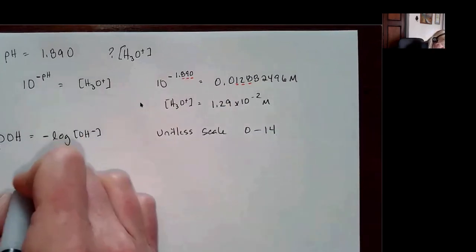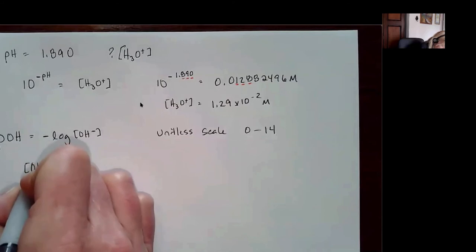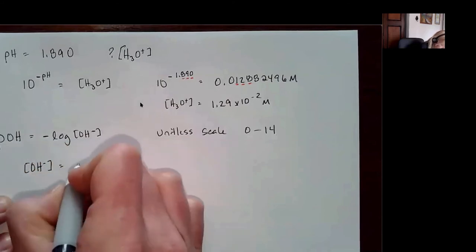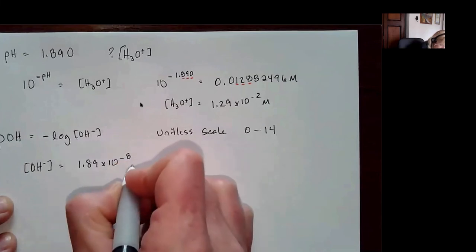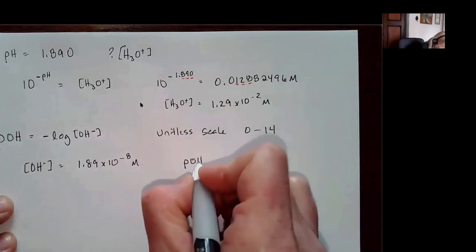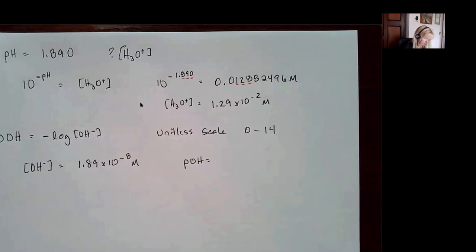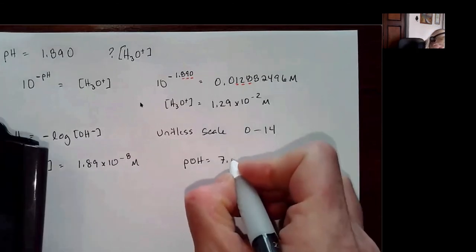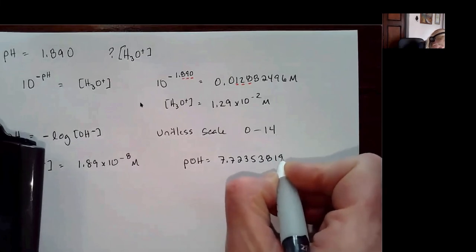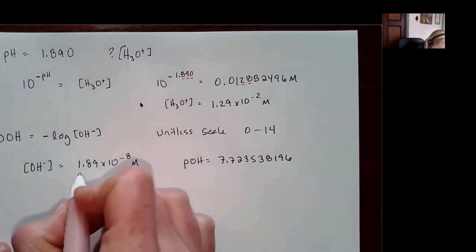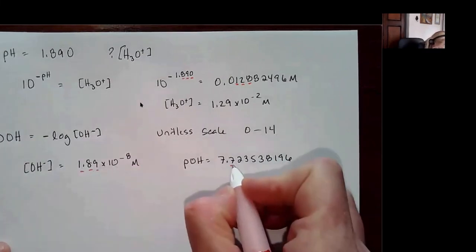So let's say I have a hydroxide ion concentration of 1.89 times 10 to the minus 8 molarity, my pOH of that is going to be the negative log of that. That's going to give me 7.723538196. I have 3 significant figures, so I'm going to go out 3 decimal places.